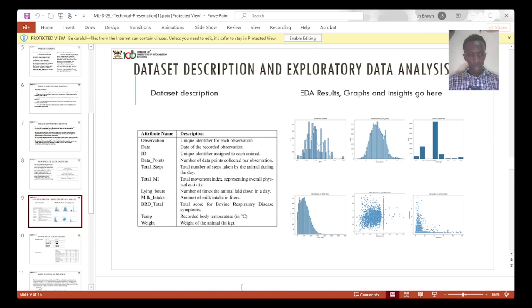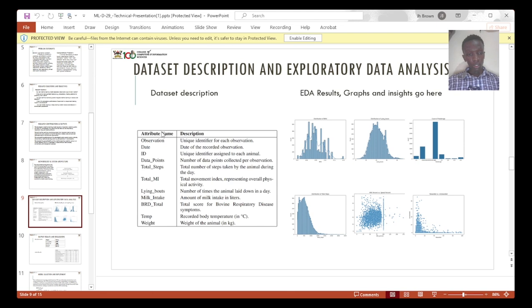Hello, my name is John, and I'm going to start from the dataset description and exploratory data analysis. In the dataset description, we have the attributes and their descriptions: the observation date, ID, data points, total steps, and total MI, which are the movement index, and lying bouts, the number of times the animal lies down in a day, milk intake, BRD total, the temperature score, the temperature, and lastly the weight.